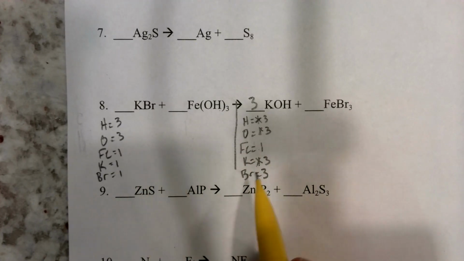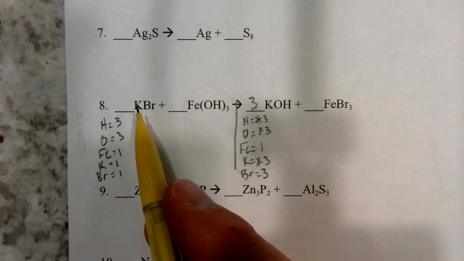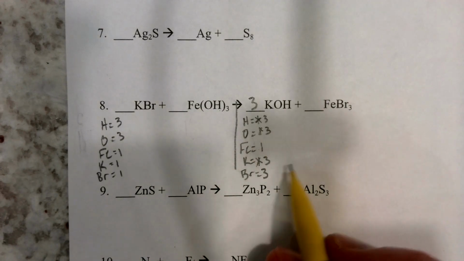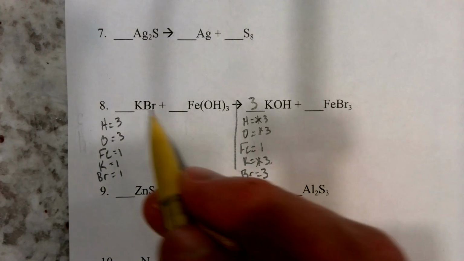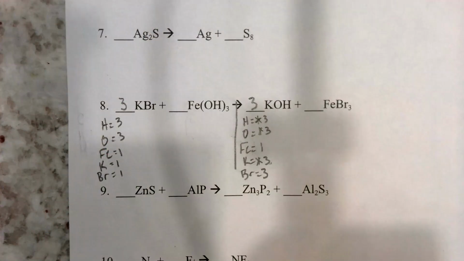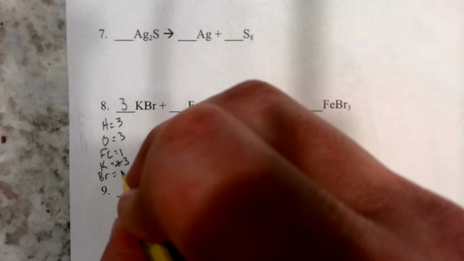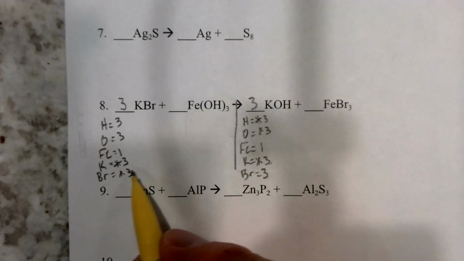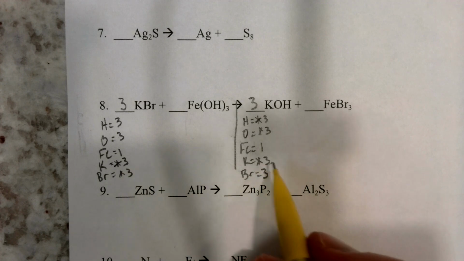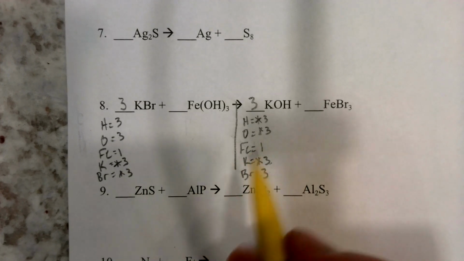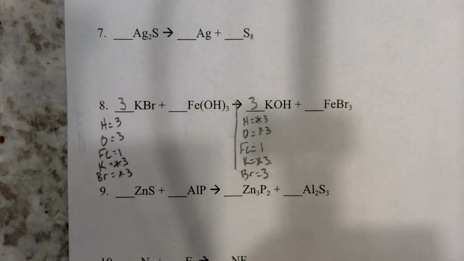Okay, my K's are not good. That's a 3, that's a 1. So, I've got to make this 3 become a 3 over there, so I'm just going to put 3 there, boom. So now I've got 3 potassium, those 3 go over to bromine. So now when I look, 3, 3, 1, 1, 3, 3, and I am golden, wonderful, perfect.